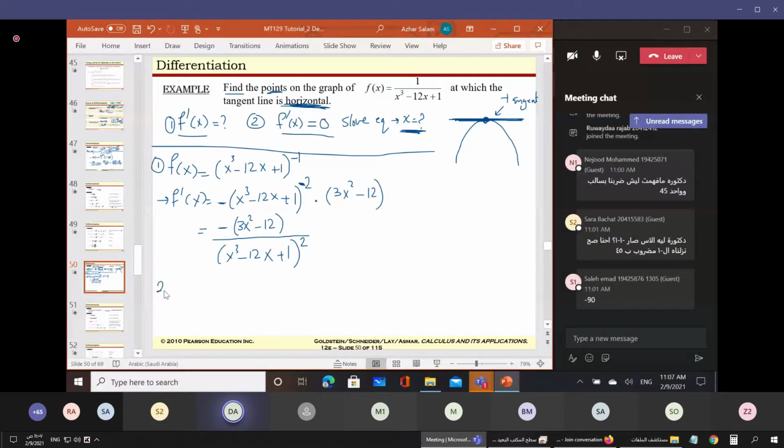Now, the second step is to find the derivative equal to 0. Okay, I will solve this equation. So I take this derivative that I found, minus 3x squared minus 12 over x cubed minus 12x plus 1, all squared, equals 0.